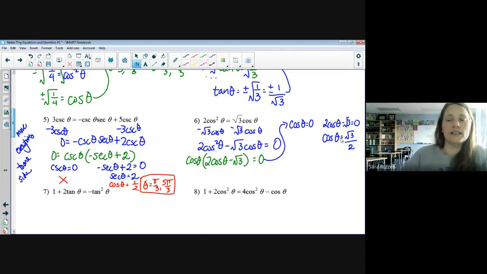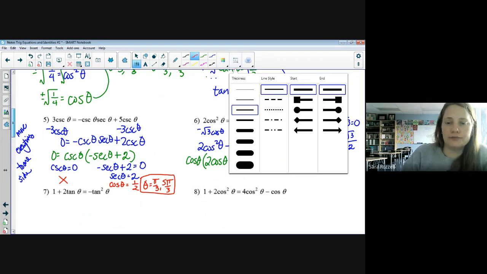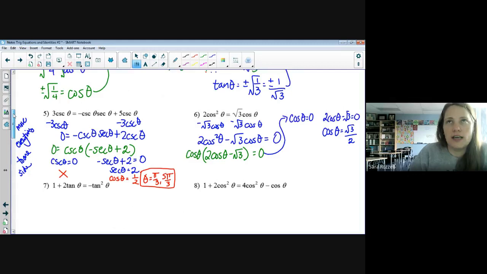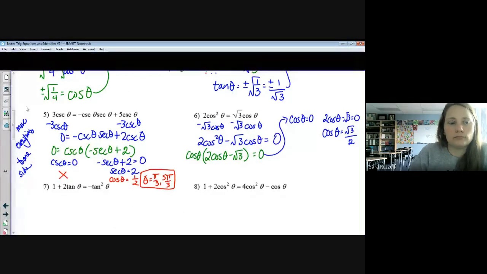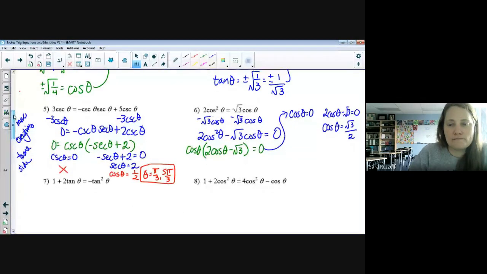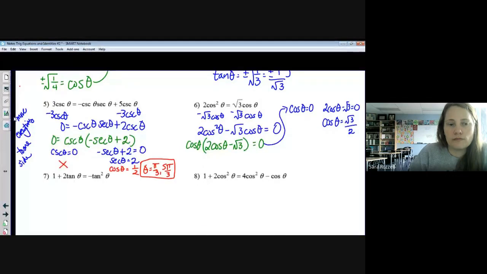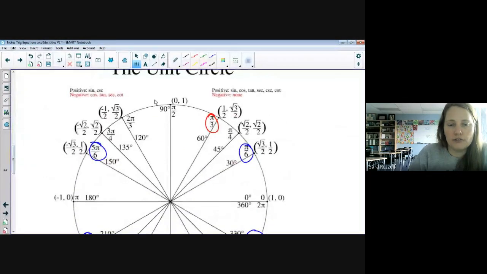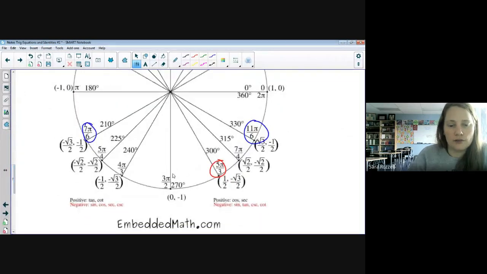So now we look for these things when cosine is 0 and when it's root 3 over 2. Cosine is the x value, right? X value at 0 is pi over 2 and 3 pi over 2.